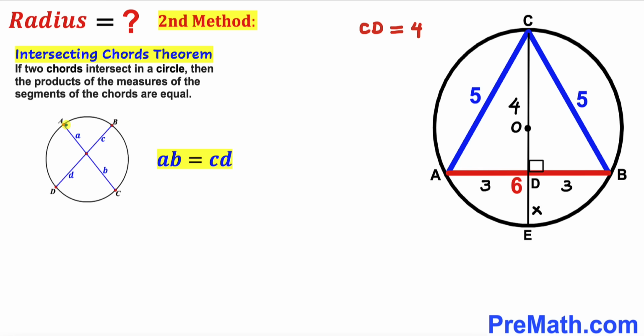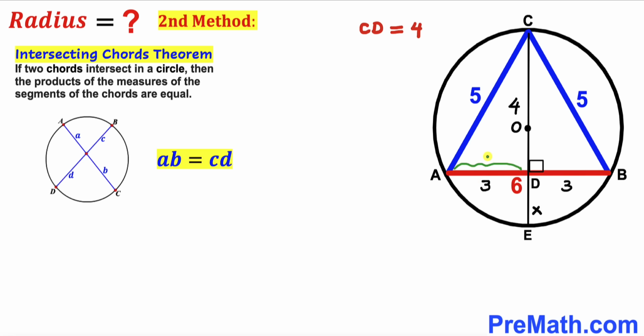Here we can see these two chords AC and BD intersect each other at this point. As a result, we get segment a, segment b, segment c, and segment d, such that the product of the segments a and b must be equal to the product of the segments c and d.